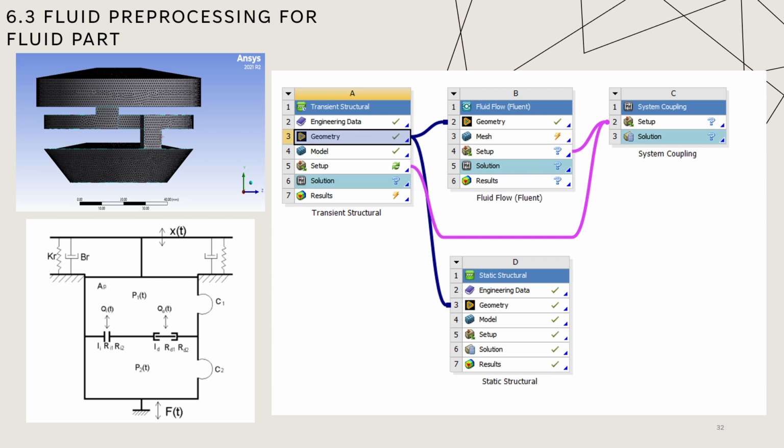But the hard thing is you're going to connect the setup for the transient structural, coupling it with the setup of the fluid flow in the fluid module, through the system coupling module, so that you get the whole total solution of your simulation in the system coupling. So hopefully I can make it by the end of the class, and hopefully that's going to be a very good project for me.